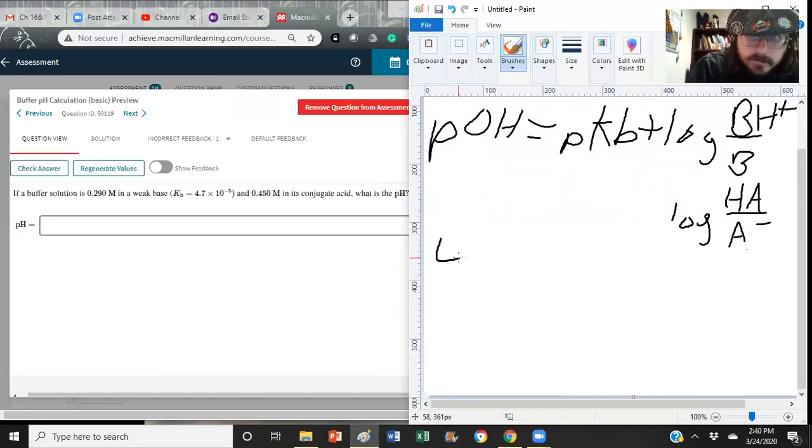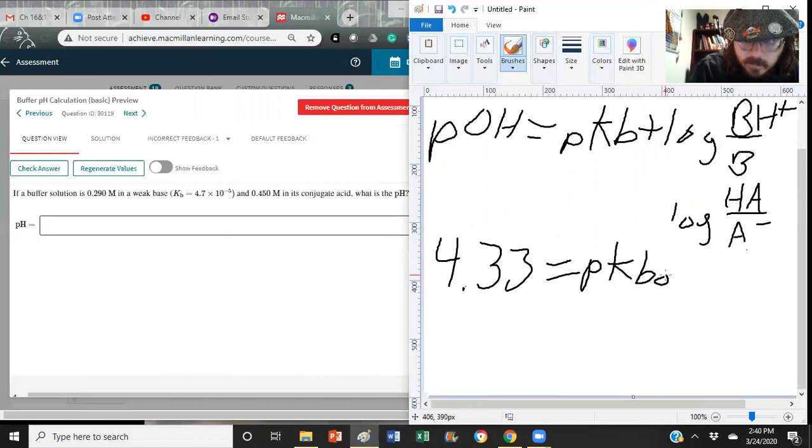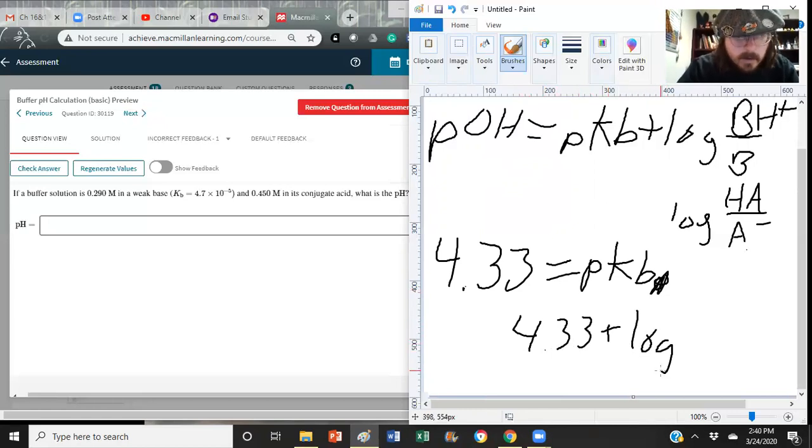So their starting number is 4.33. That's our pKb, the negative log of our Kb. Now, we're going to add on 4.33 plus log of our acid over our base.